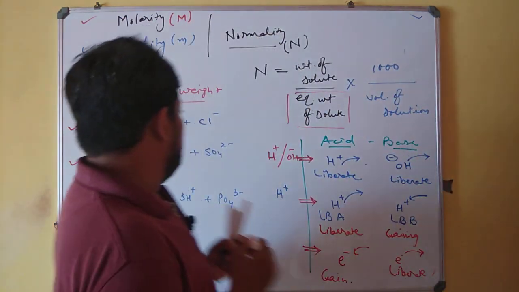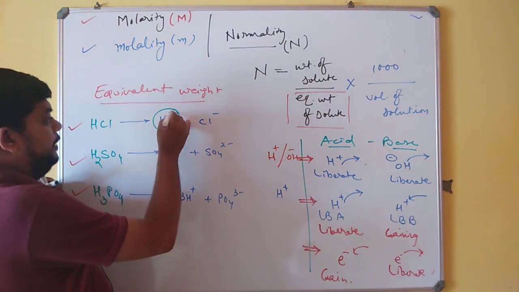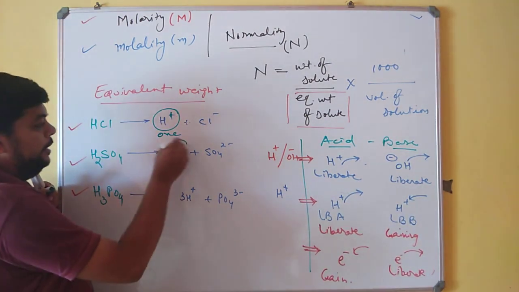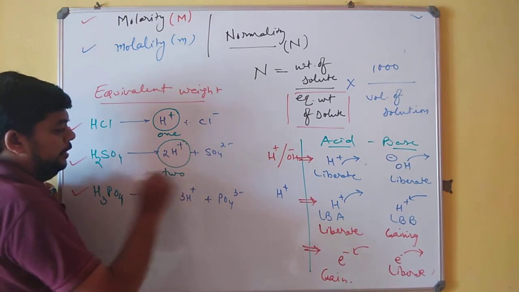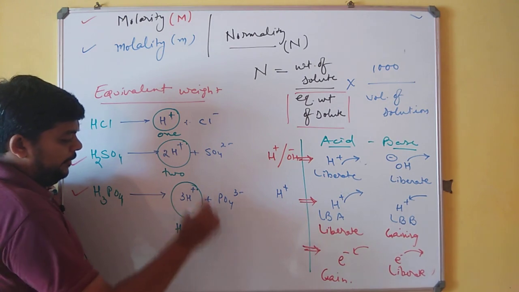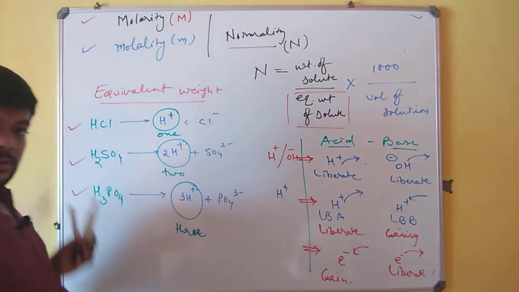Now here, the quantity of H plus dissociated is very much important. If we take the first example, that is a simple H plus, then the quantity of H plus dissociated is 1. Over here the quantity of H plus dissociated is 2, and over here the quantity of H plus dissociated is 3. This is now important.